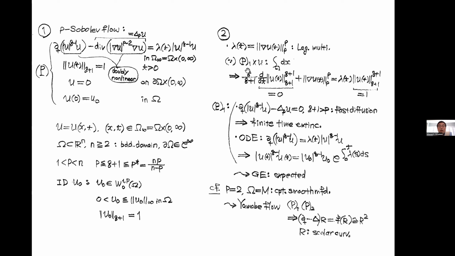Indeed, multiply our equation in the first line by the solution u and integrate on space omega formally.